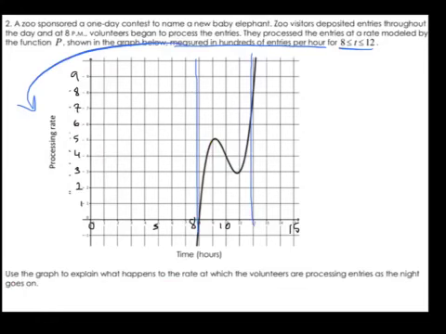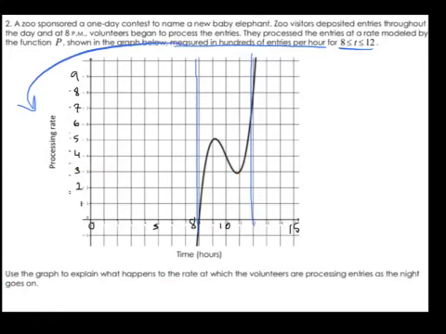Shortly after 9 o'clock, maybe we say this is 9:15, their rates start to slow, right? They're decelerating, okay? And this happens all the way up until what appears to be 11 p.m. or maybe a little before. Let's call it 10:50. So at 10:50, they are at a little less than 300 entries per hour.